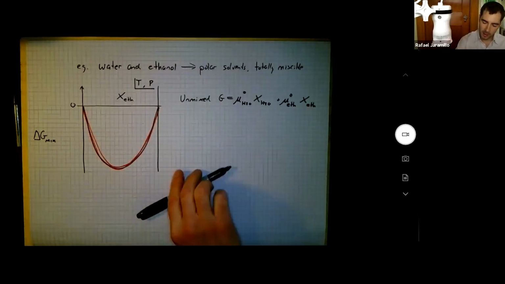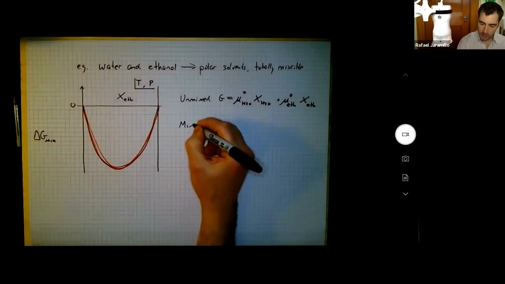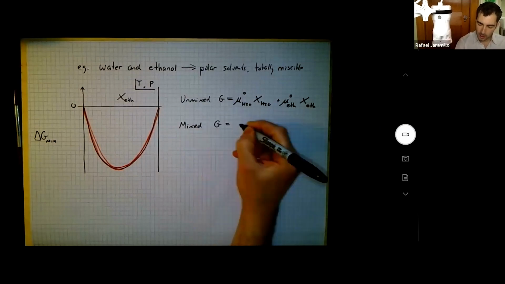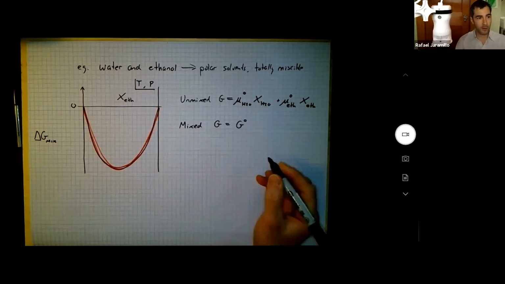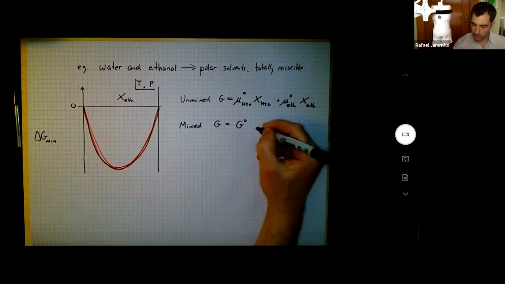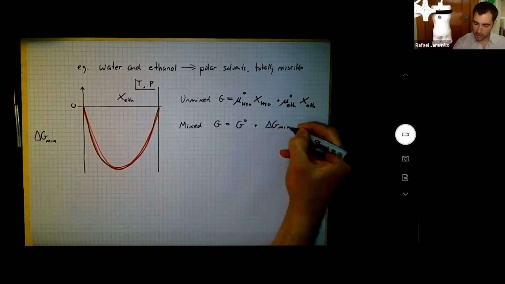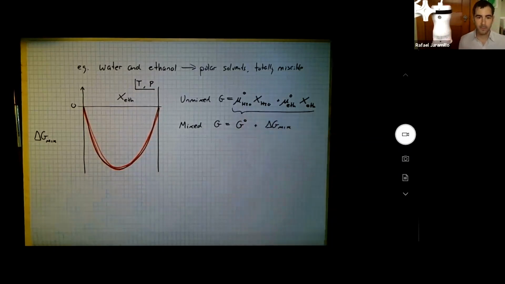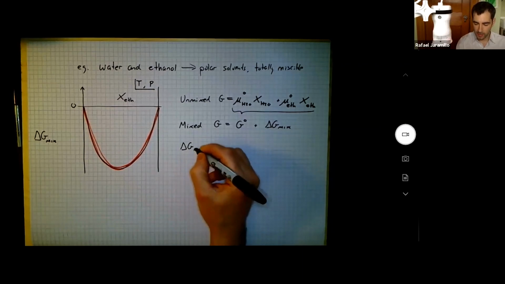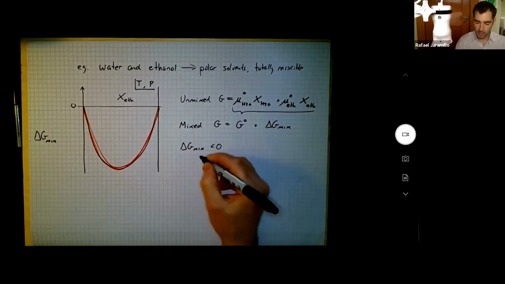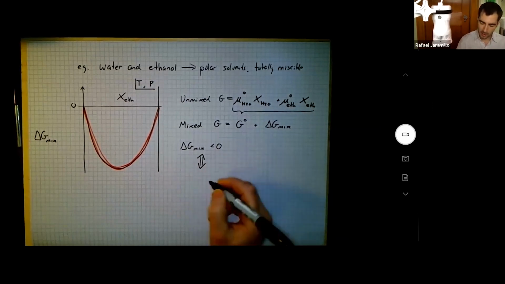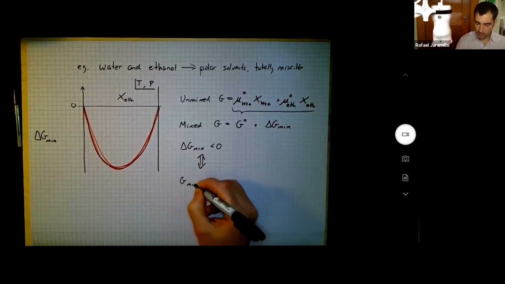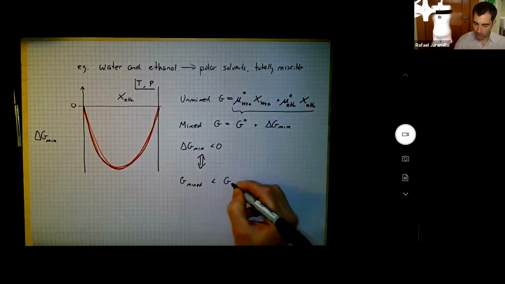And then mixed, the Gibbs free energy is that Gibbs free energy before we made the mixture plus delta G of mixing. This is just according to that bookkeeping that we set up. Delta G of mixing is less than 0, which is equivalent to saying that G mixed is less than G unmixed.